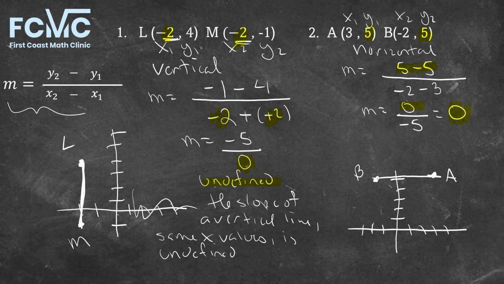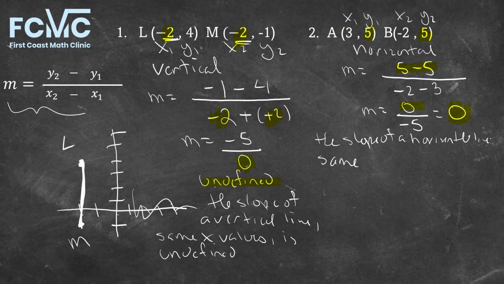So what is our conclusion for that? The slope of a horizontal line, although it's the same y values, is 0. So for our horizontal line, we know that our slope is going to be 0. For our vertical line, we know our slope is going to wind up being undefined.